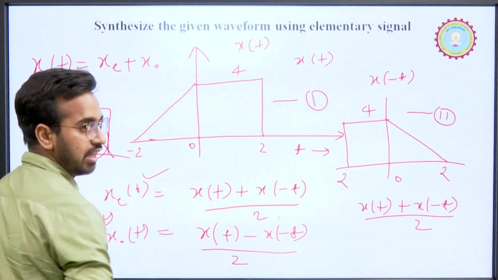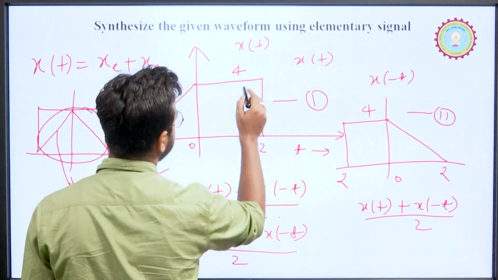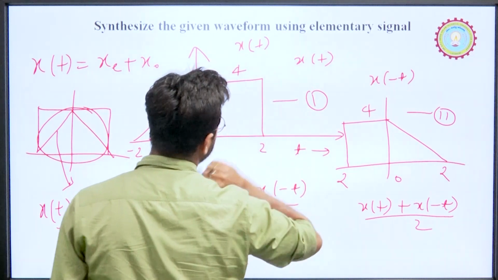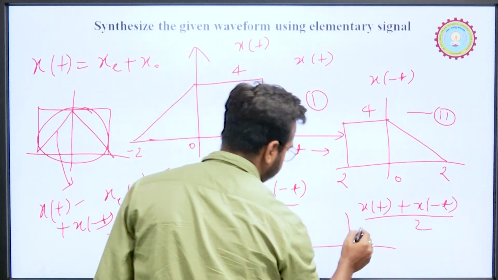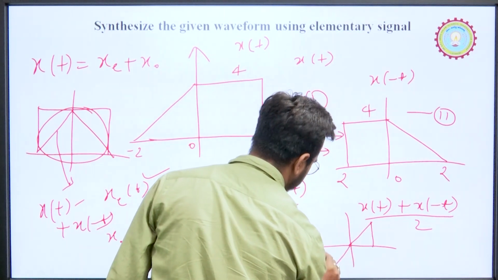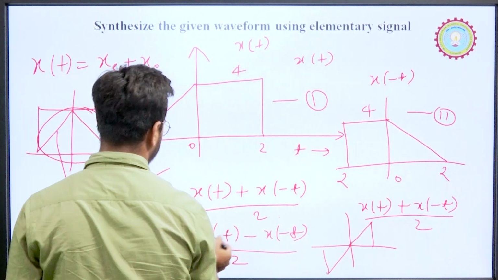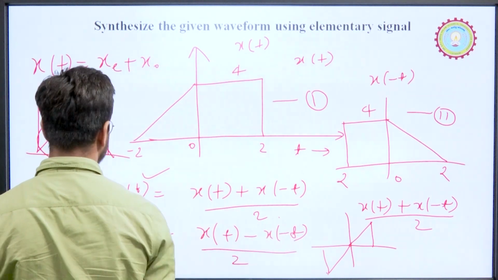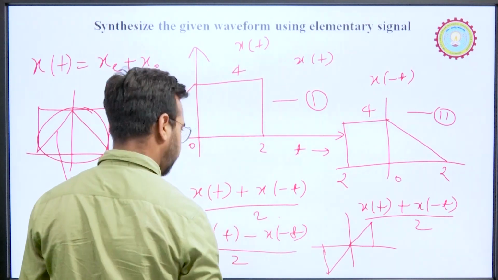That means this is an even signal. Similarly, if you subtract, x(t) minus x(-t), you will get a signal like this. Subtracting x(t) minus x(-t) will give the odd signal, because this is symmetric about the origin.